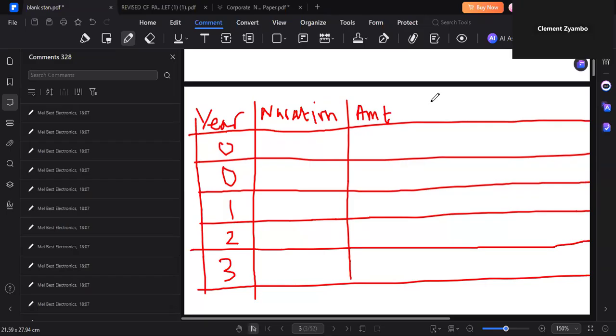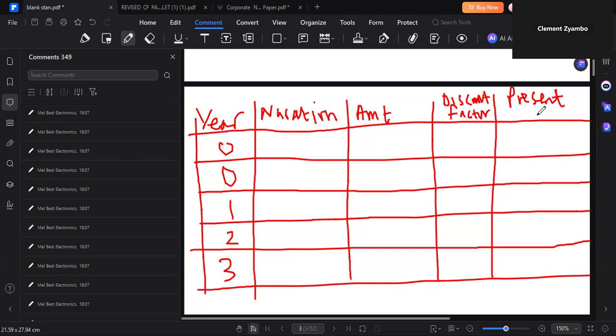Then we have the discount factor. Then we have the present value.